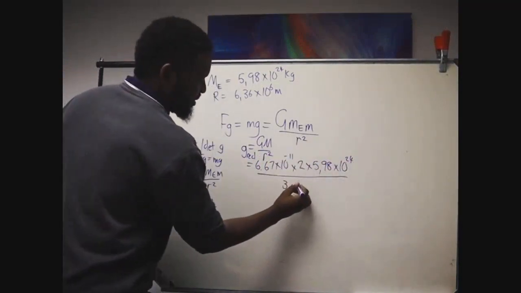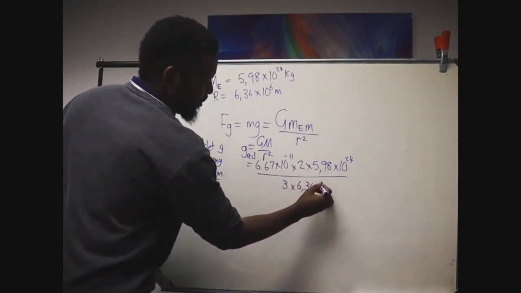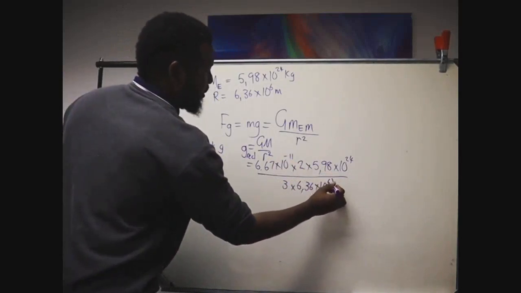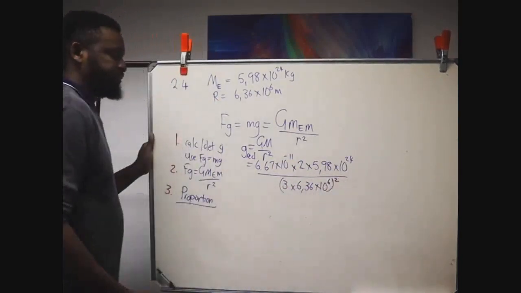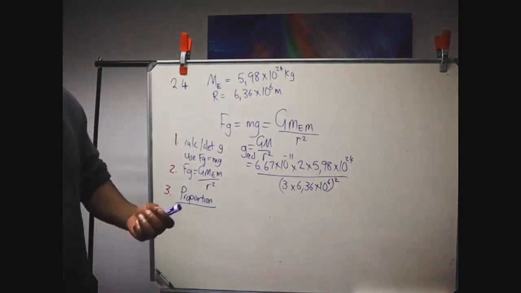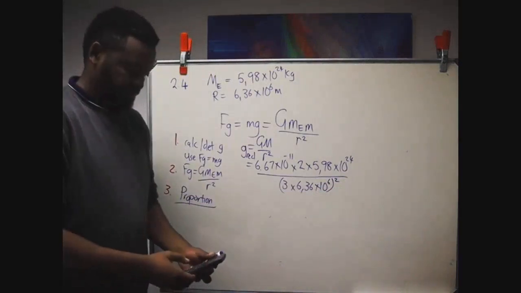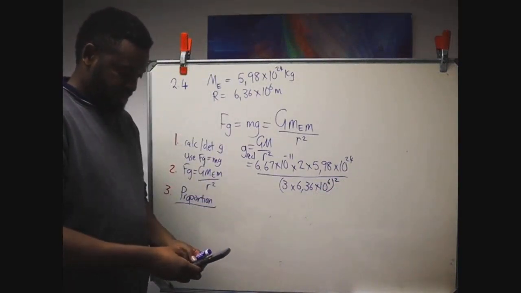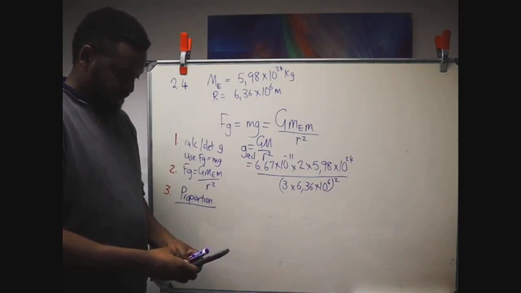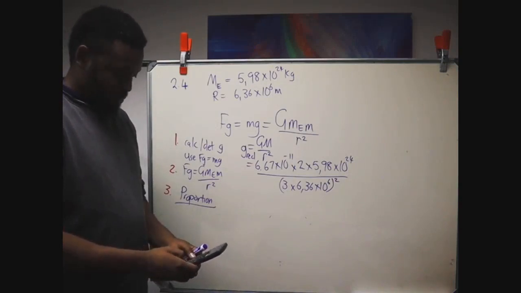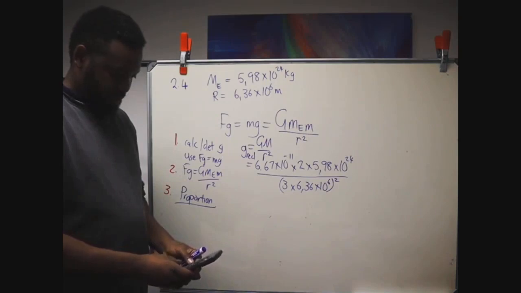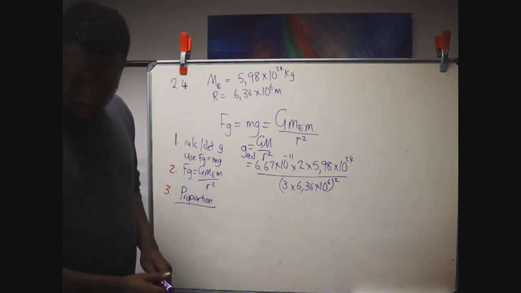Radius is 3 times that of the Earth, squared. Now, I grab the calculator. 6.67 exponent minus 11 times 2 times 5.98 exponent 24 all over 3 times 6.36 exponent 6, all that squared. 2.191.